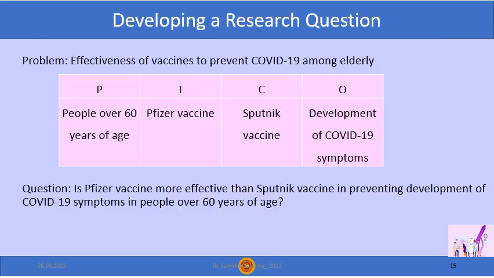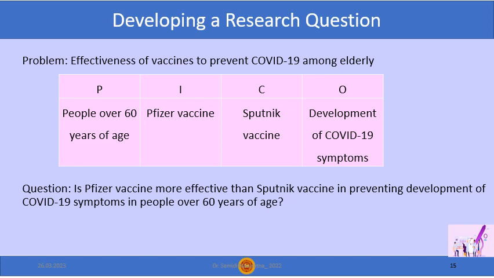So let's see how we can develop a research question using the PICO format or the PICOT format. First and foremost, as the first step, you need to identify the clinical problem. Start by clearly defining the clinical problem you want to address.